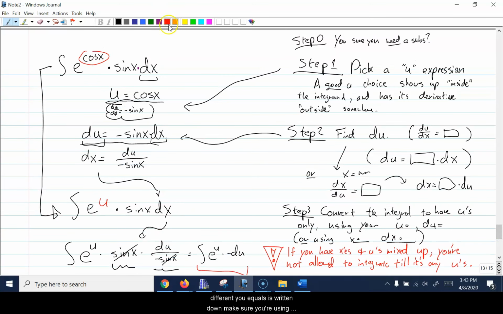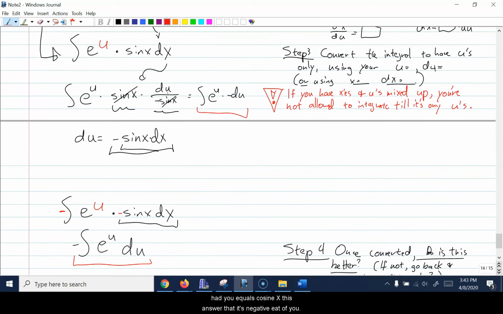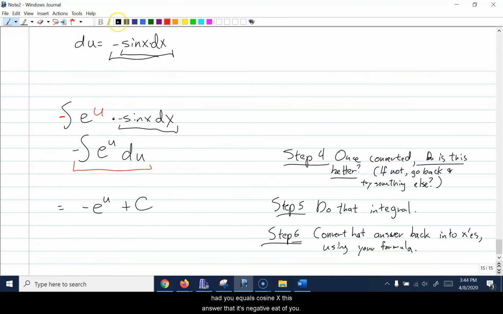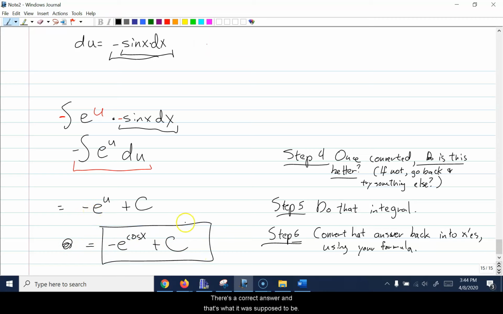Make sure you're using the u equals that was relevant to this attempt. We had u equals cosine x. This answer that it's negative e to the u says that that turns into negative e to the cosine x plus c. And there's a correct answer, and that's what it was supposed to be.